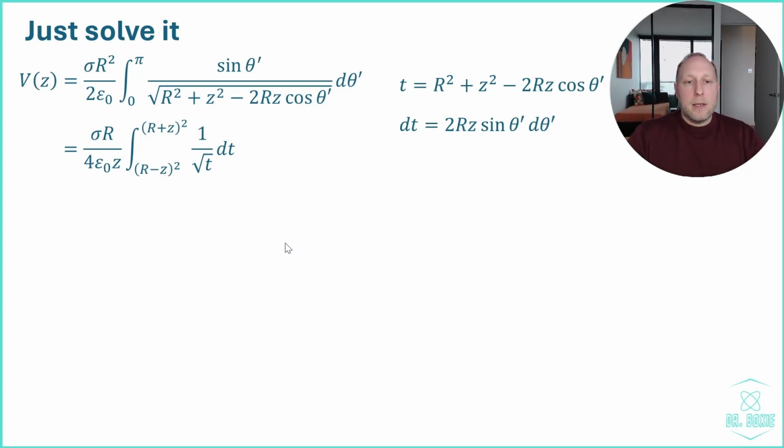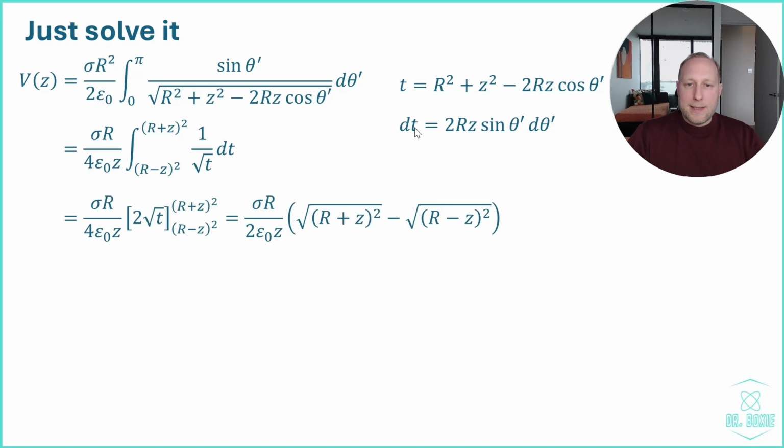And the boundaries of integration: when theta is 0, t is equal to r squared plus z squared minus 2rz, and when theta is pi, t is equal to r squared plus z squared plus 2rz. So we're left with these two expressions here, and the integral of 1 over the square root of t is equal to 2 times the square root of t evaluated at the boundaries, and so we get the expression that I wrote here.